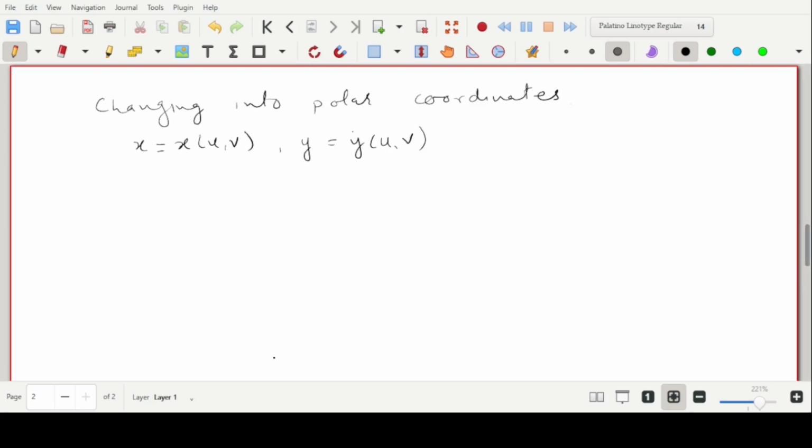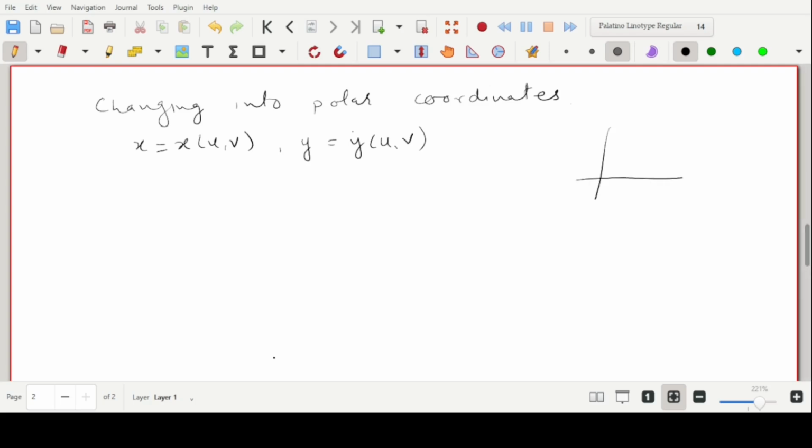Now what we do here is express x as a function of r and theta, where r is the length.